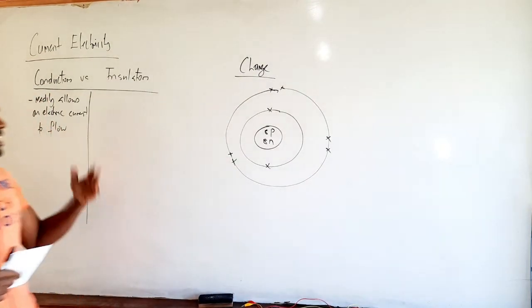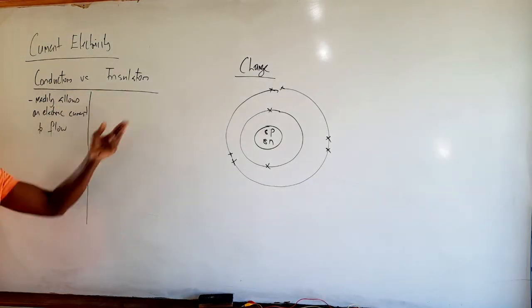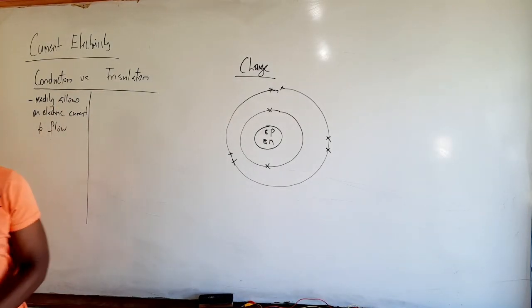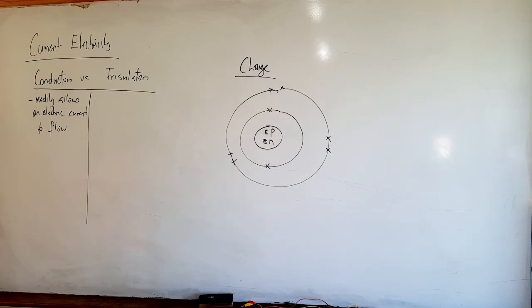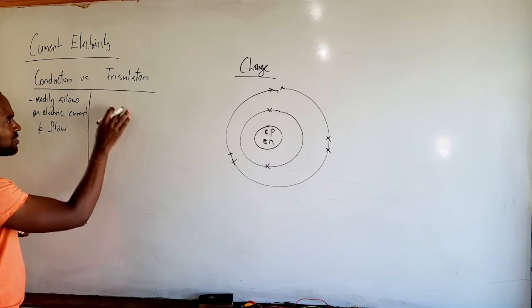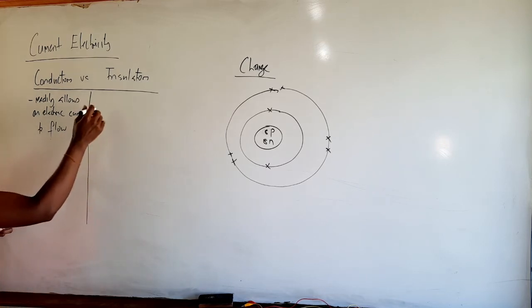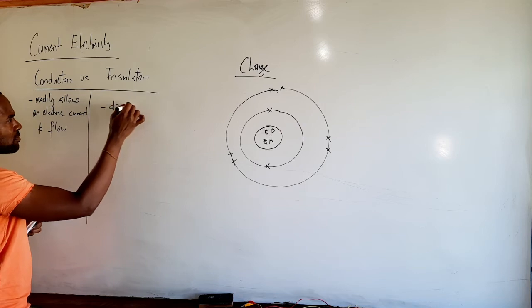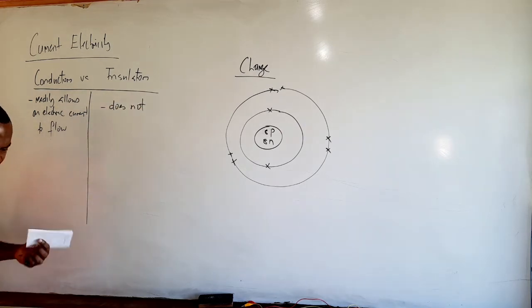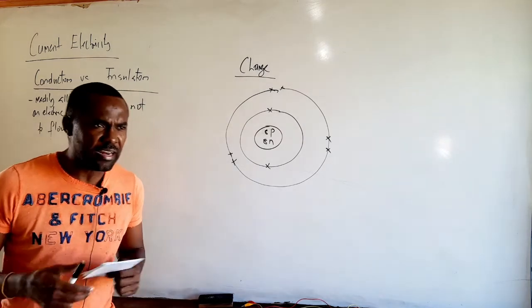In the case of the insulator, it does not readily allow an electric current to flow. So a conductor will readily allow an electric current to flow, whereas an insulator simply does not. The insulator does not readily allow the flow of an electric current.